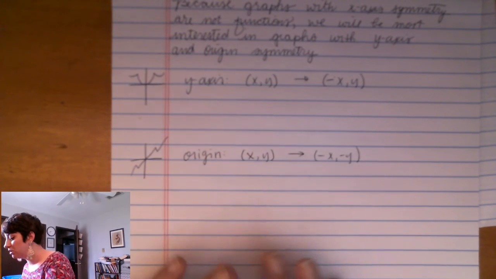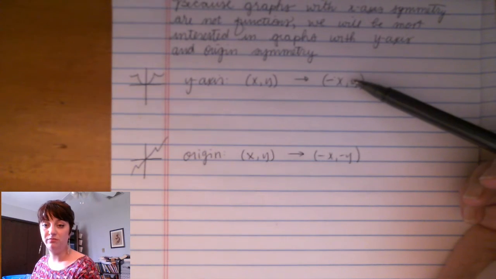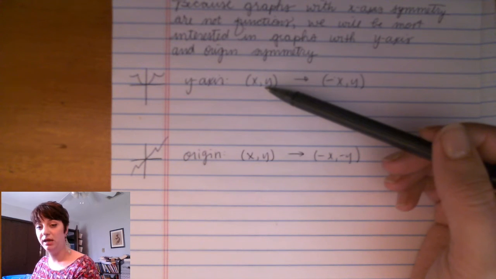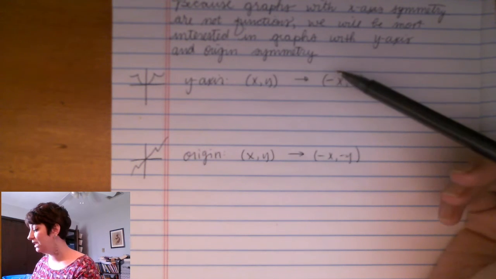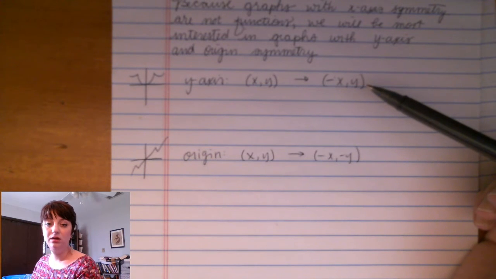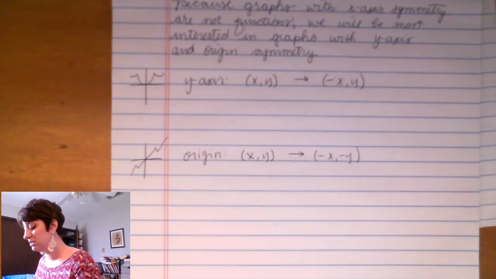So y-axis said that if you have (x, y), then you also have (minus x, y). So this is like saying in comes x, out goes y. And also, if you plug in negative x, you still get the same y, meaning this thing ignores negatives.